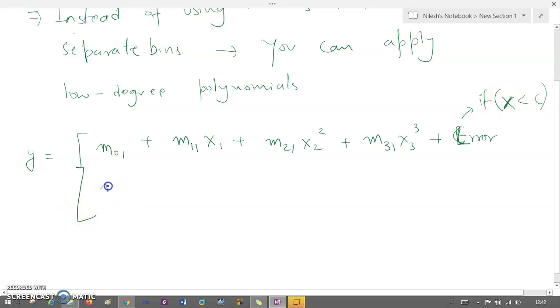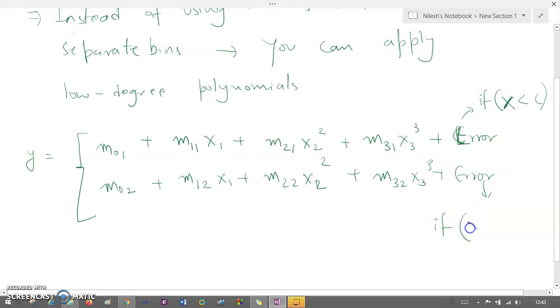The second bunch, or second low level polynomial, is going to be m02 plus m12 x plus m22 x square plus m32 x cube, and then again there is an error, and the condition is going to be if x is greater than c.